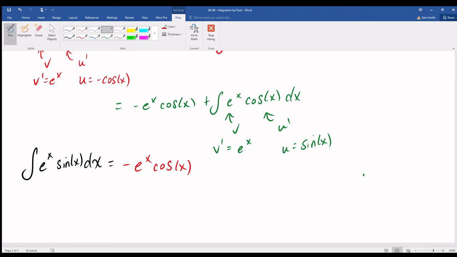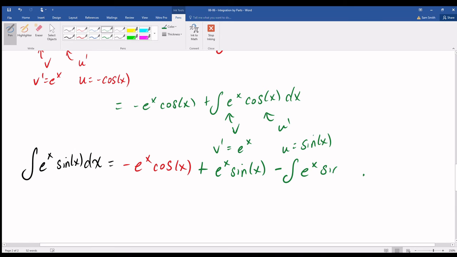And so far, the second loop says v times u, e to the x, v of loop 2, u equals sine x, minus the integral of v prime times u, e to the x times sine of x.